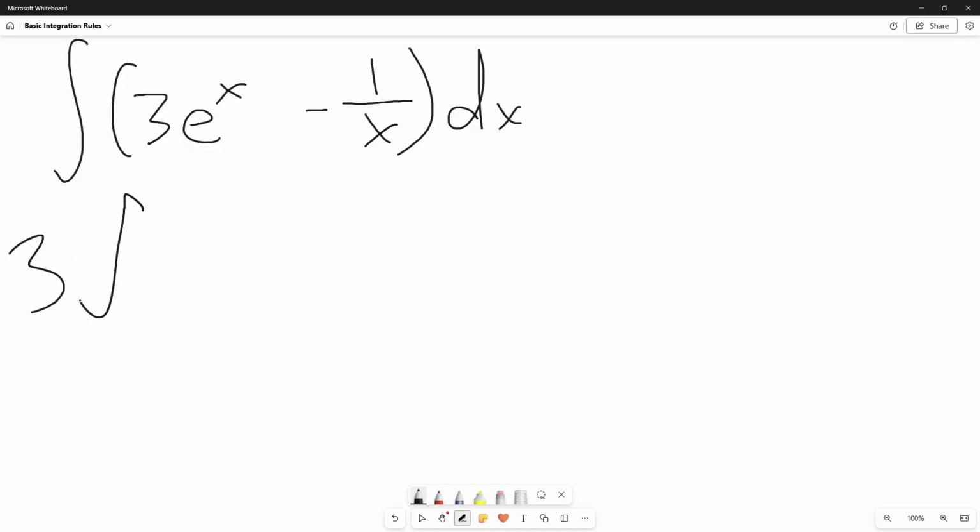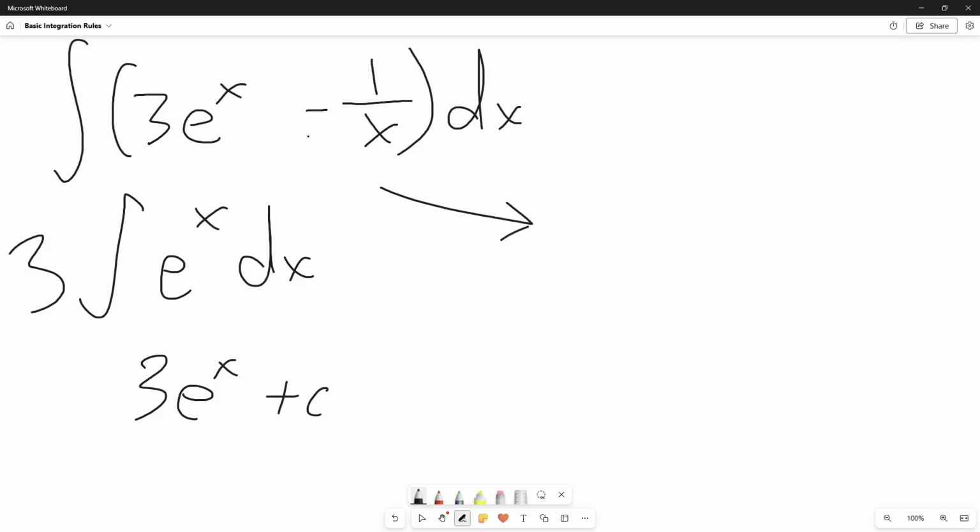So 3 times integral of e to the x dx is equivalent to this part. And again, the integral of e to the x is e to the x plus c. So the integral of 3 times e to the x is going to be 3 times e to the x plus c.